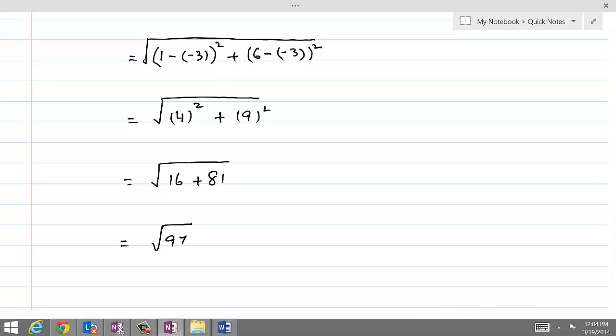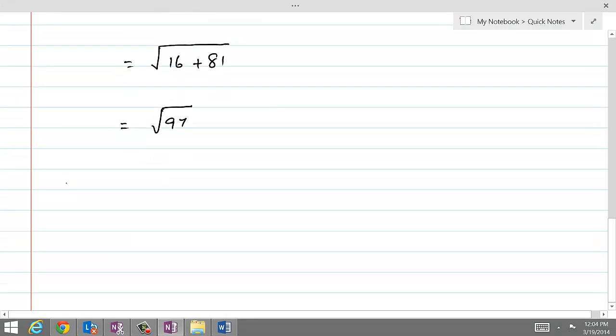But remember two things here. Any point on the x-axis will always have its ordinate equal to 0.